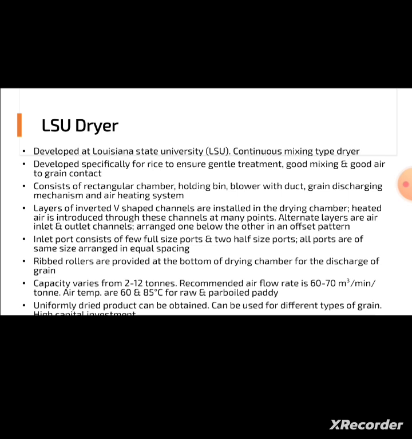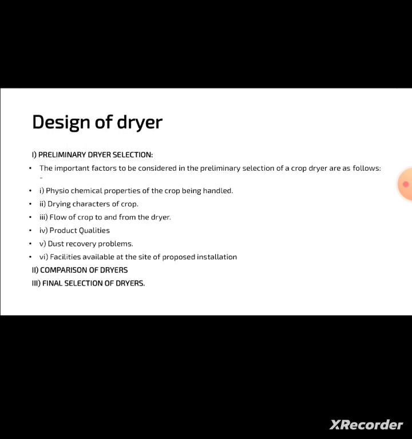for both raw paddy and parboiled paddy. And the design of dryers consists of three phases. First one will be preliminary dryer selection, second one will be comparison of dryers, and third one will be final selection of dryers. Preliminary selection is nothing but we need to find out the physical and chemical properties of the crop and drying characteristics of crops, like temperature and airflow rate.